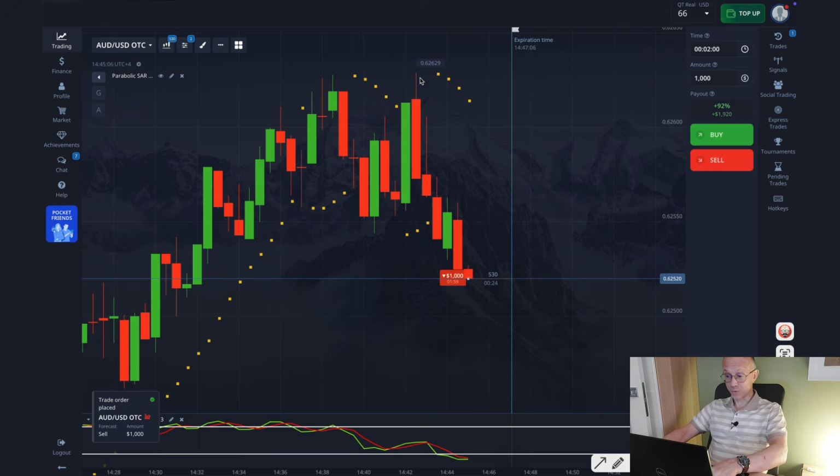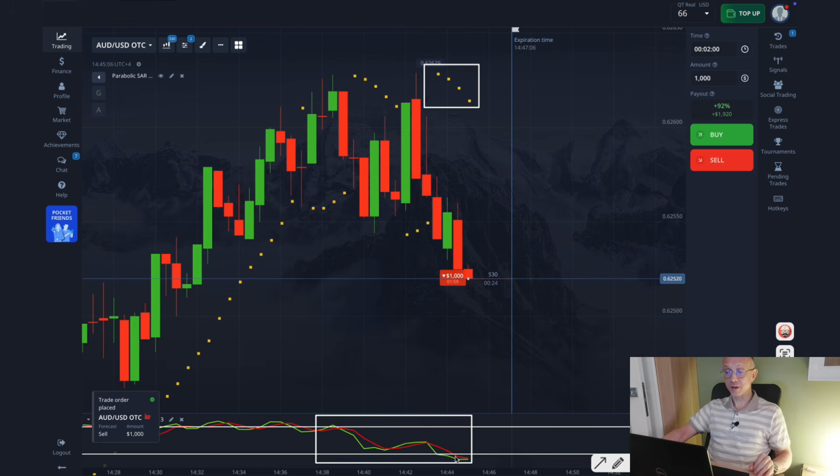After a prolonged downward movement on the chart, it becomes apparent that the previous momentum has completely lost its strength. The candles no longer show confident pressure from sellers, and the dynamics look incredibly sluggish and uncertain, I would say. At this point, signs of a change in direction begin to appear more and more often.